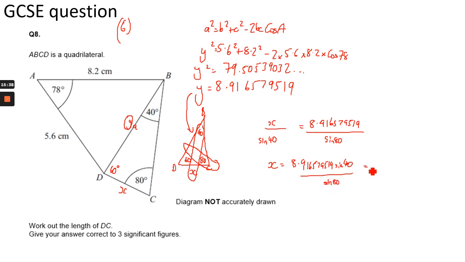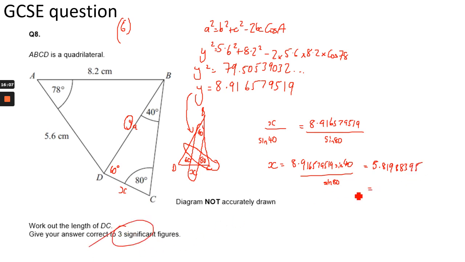You type that into your calculator: 8.9165799519 sine 40 over sine 80. Hopefully I've typed that into the calculator correctly. You should get that x is equal to 5.8198839.5, and then you can round that.